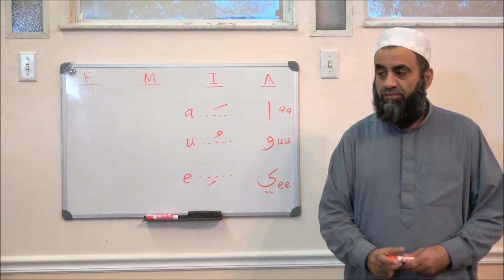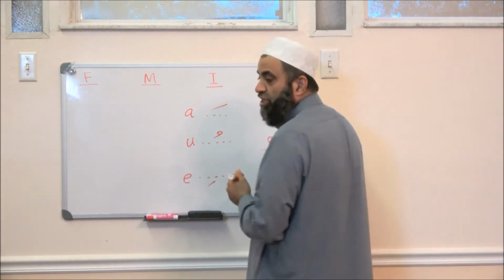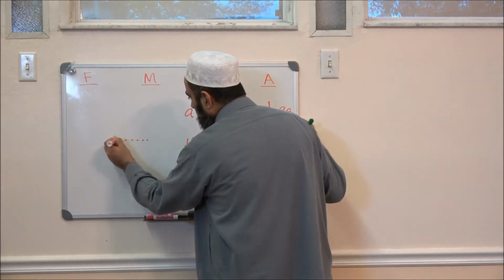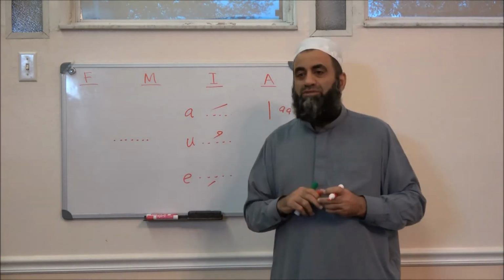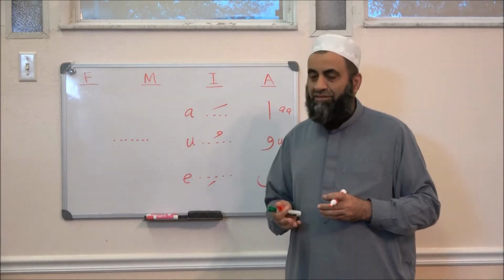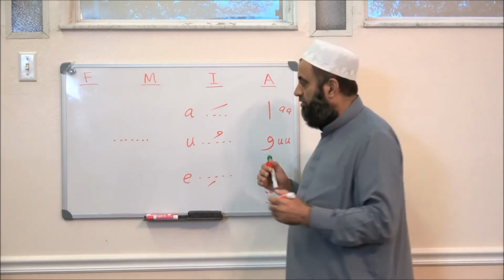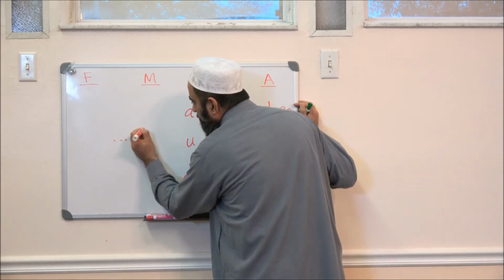For example, let me first illustrate the shape of the sukoon. So let's put the sukoon here. The sukoon has two shapes. One is related to the Quran and one is related to general books in Arabic. In the Quran, this is the shape that is used.